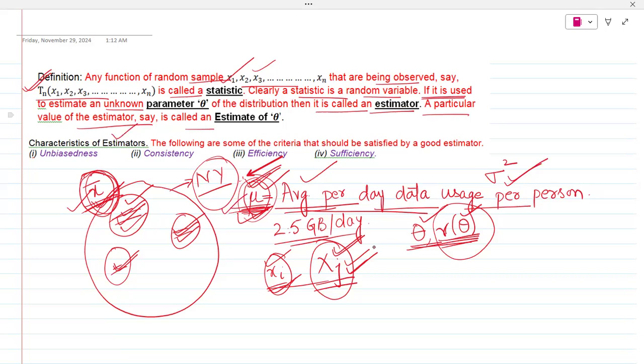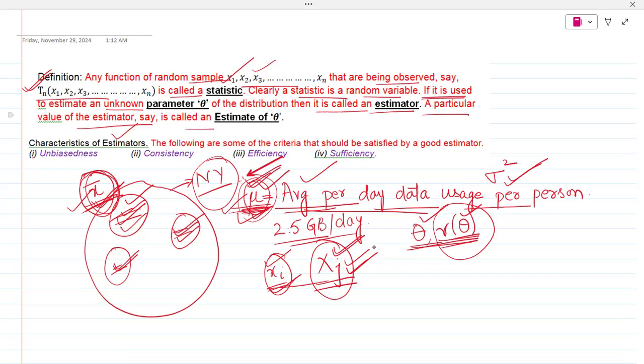Here we are trying to estimate the unknown parameters with the help of an estimator. So what is an estimator? It is nothing but a statistic, when it is used to estimate an unknown parameter. So we are looking for estimators, and our estimator should be a good estimator.